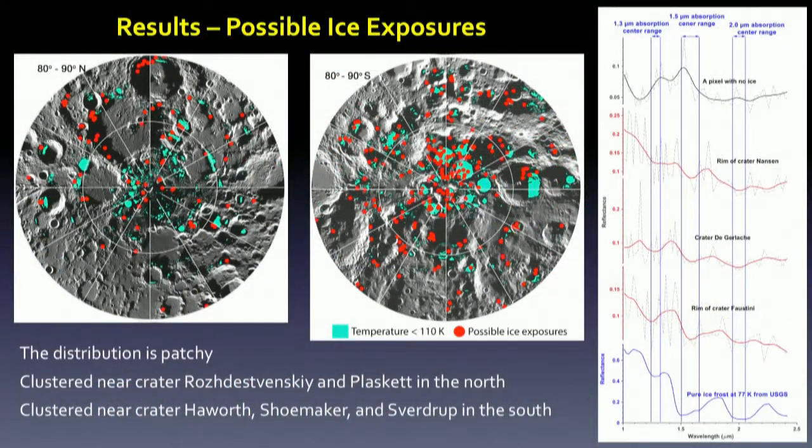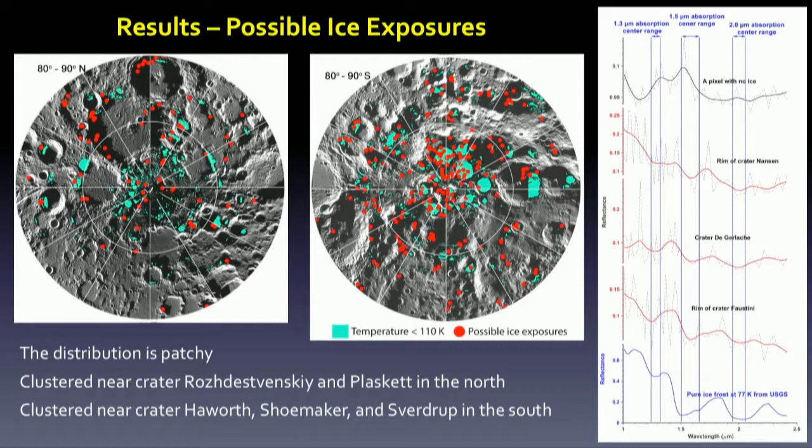So these dots are discrete M3 pixels. On the North Pole, we see it's quite discrete, and there may be some clusters surrounding the craters Rozhdestvensky and Plaskett.